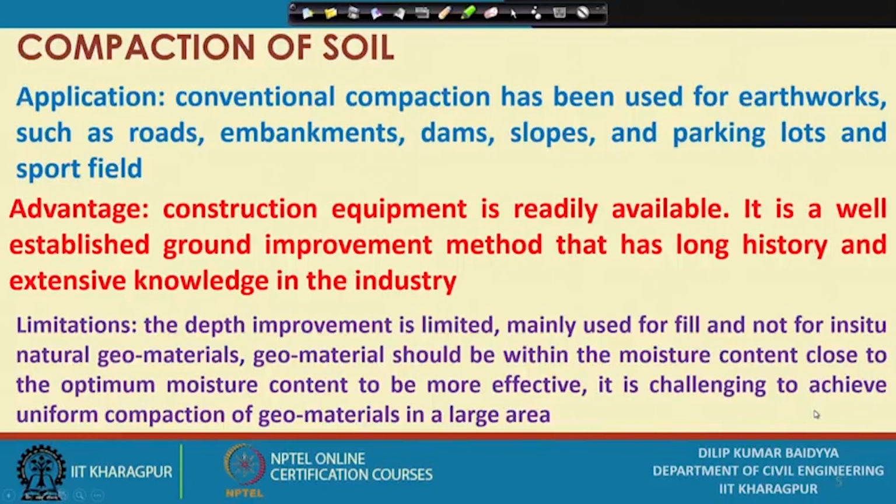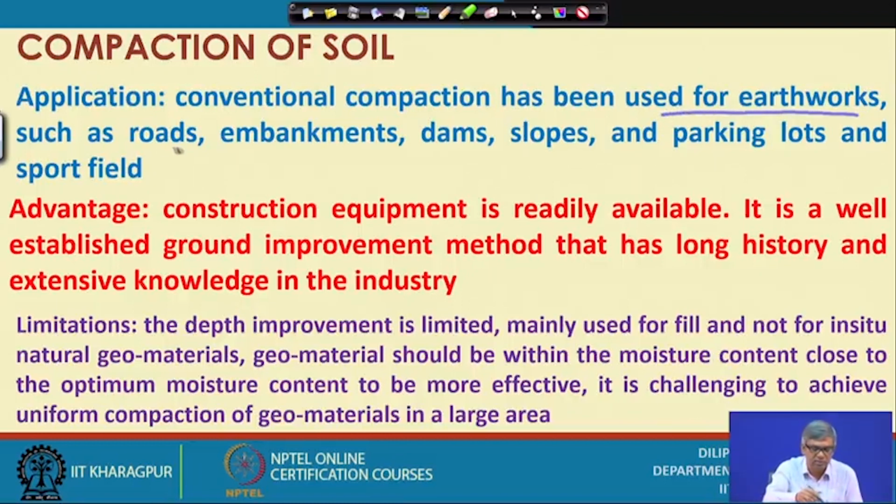This is conventional compaction, which is used for earthworks, roads, embankments, dams, slopes, parking lots and sports fields. These are the areas where the compaction equipment I have mentioned is commonly used. It has some advantages and some disadvantages.